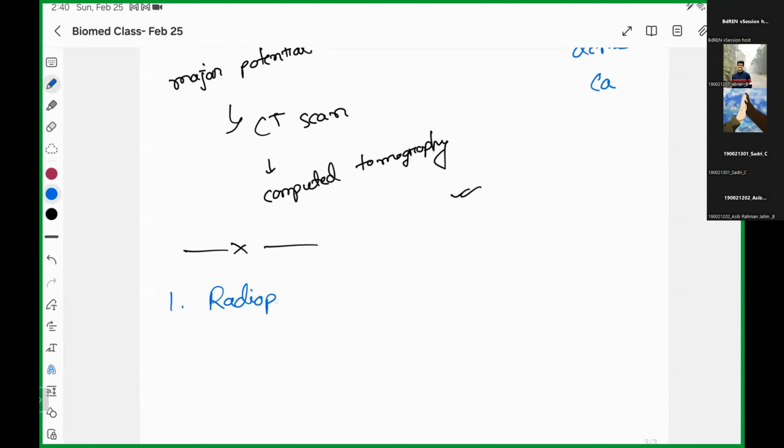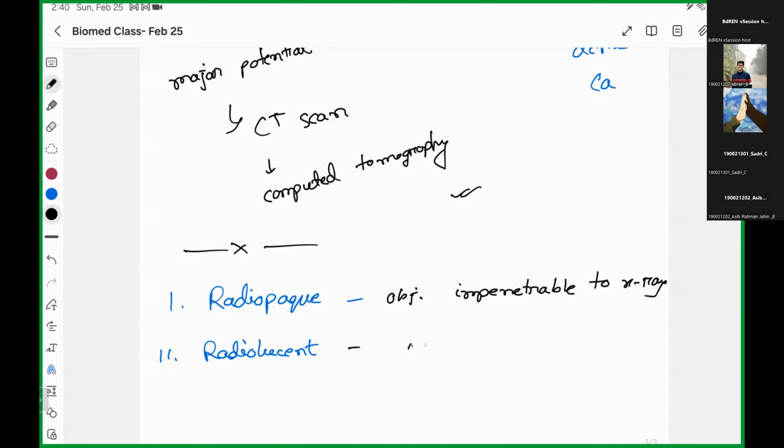One is called radiopaque, and another one is called radiolucent. So radiopaque means an object that is impenetrable to X-ray.